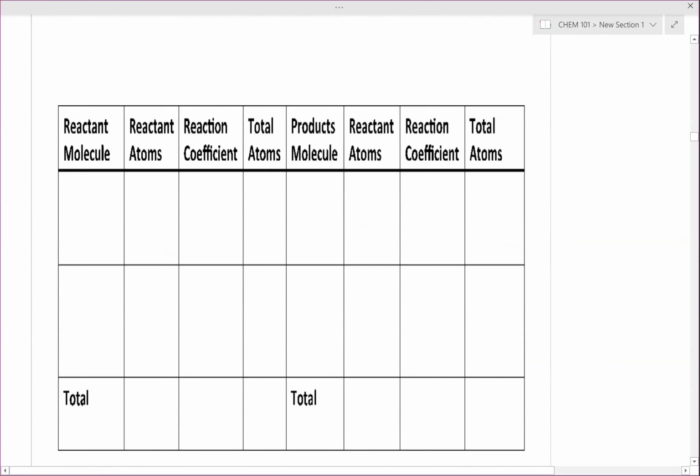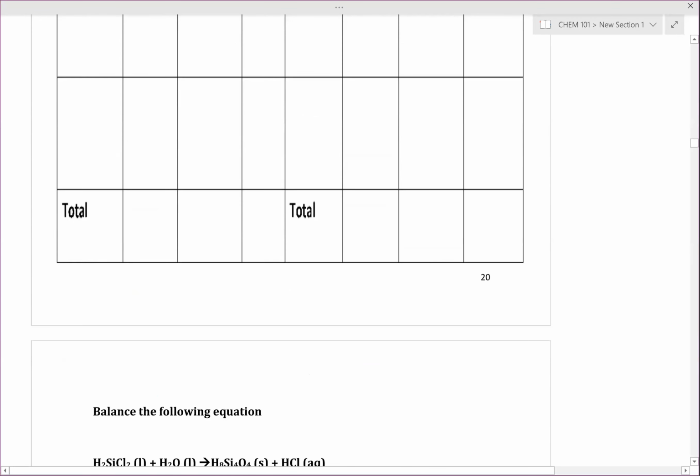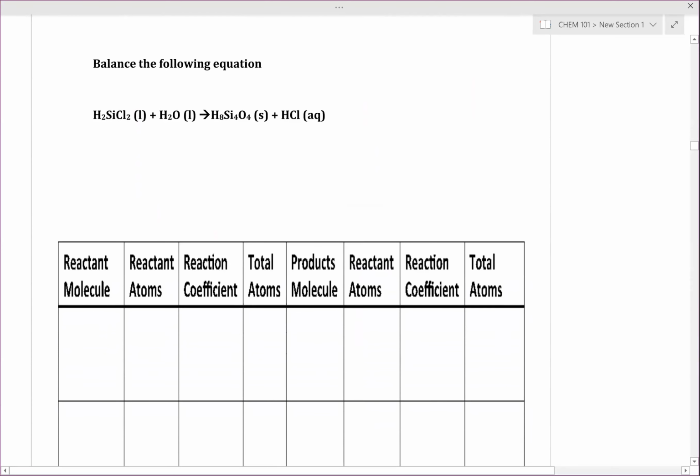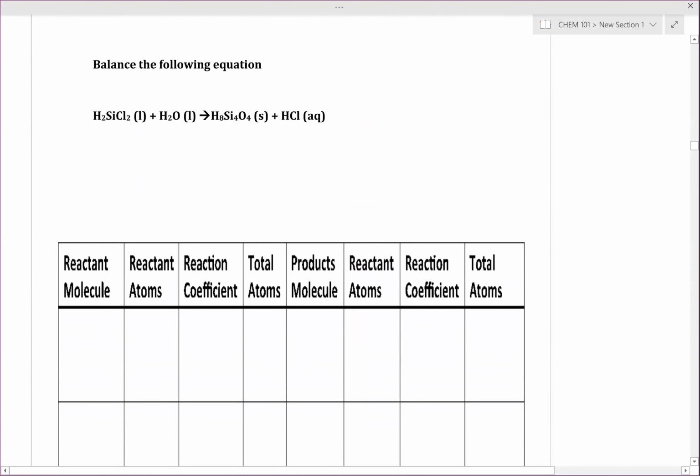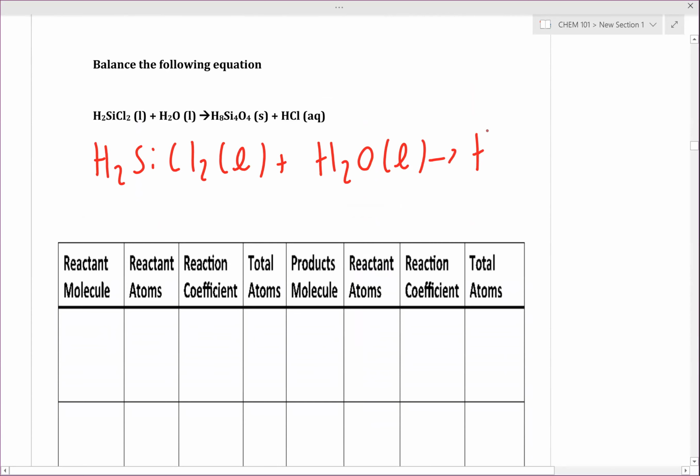So let's now take a look, and I'd ask you to try and balance the following equation. I'm going to write this in a little bit larger font so that people in the back are able to fully see it, and that way we're able to proceed.